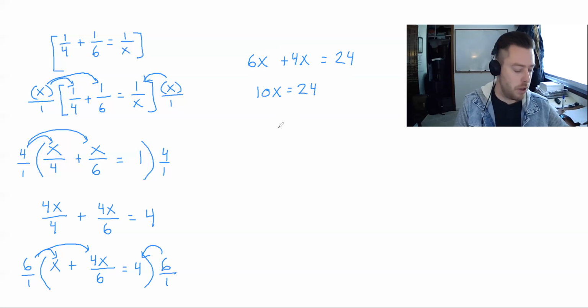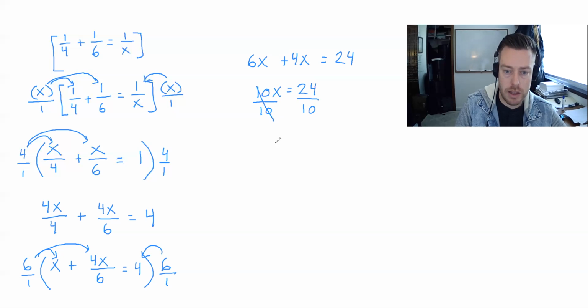Okay, and then what we can do now, our problem asked us to solve for x, so we're going to divide both sides by 10. All right, now 10 over 10 is just 1. We know that guy. And then we have x is equal to 24 divided by 10.